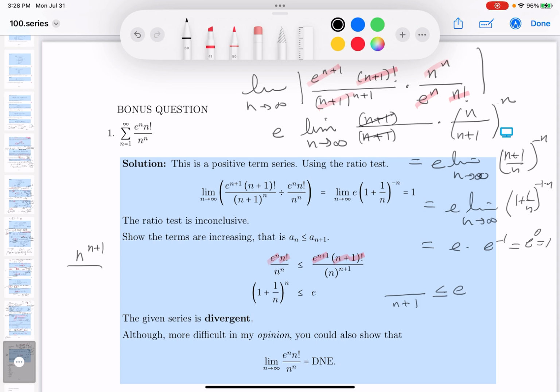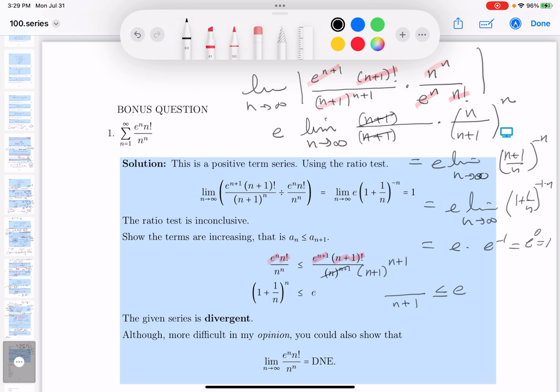Oh, you know what? I see a mistake in my notes, and I apologize for that. I got to correct it. Let me erase this over here. I want to correct my notes before I move forward. This is n plus 1 to the n plus 1. Sorry about that. I didn't notice it was there.